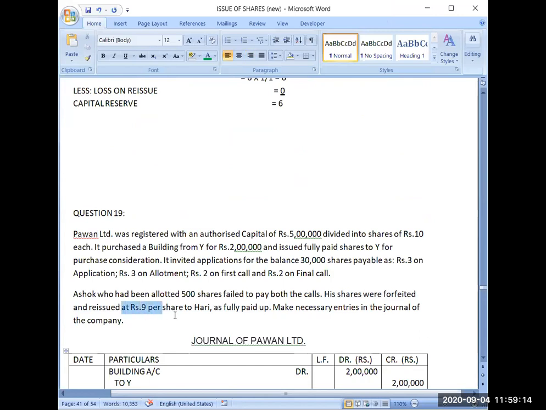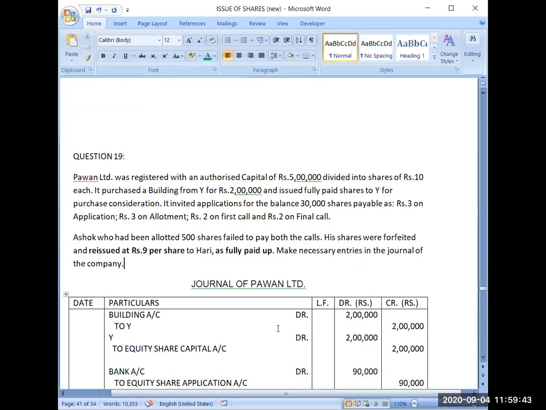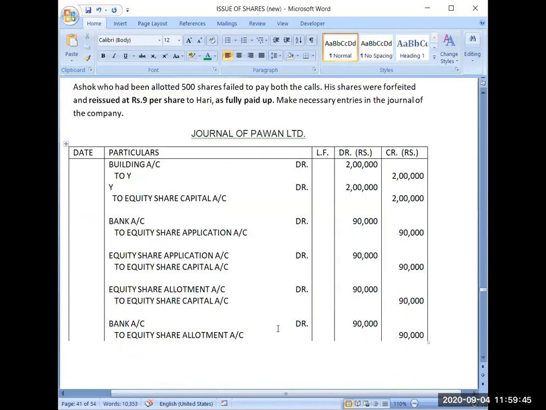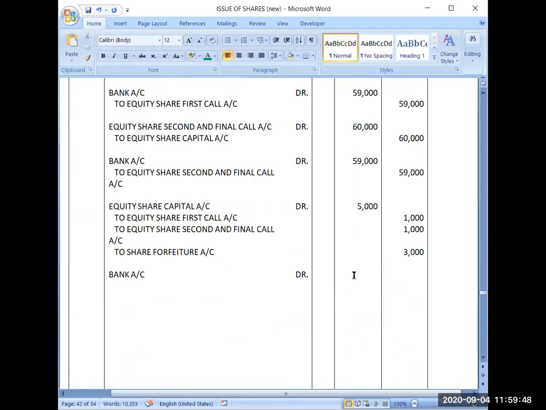Now at rupees 9 per share means I have to see how much I am assuming. I am assuming as fully paid up. I am assuming that I have received rupees 10. My capital has become fully paid up. That I am assuming. So I am assuming rupees 10 but collecting rupees 9 only. So it is issue of shares at discount.